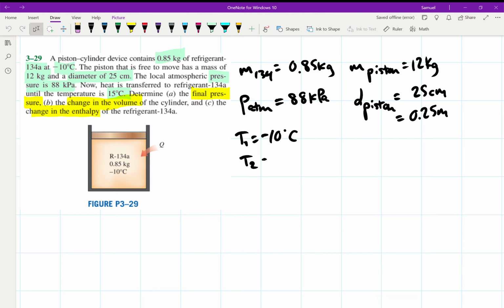Our first job is to find the final pressure, P2. It's actually going to be the case for this problem that the initial pressure will be equal to the final pressure, and we can find that by adding the atmospheric pressure to the pressure caused by the piston.